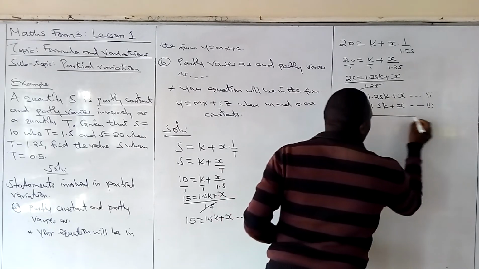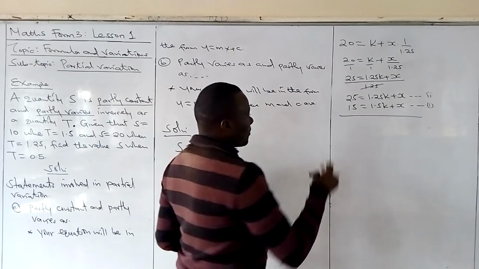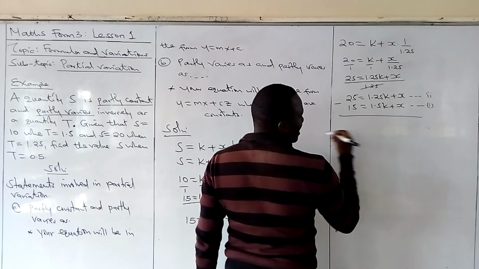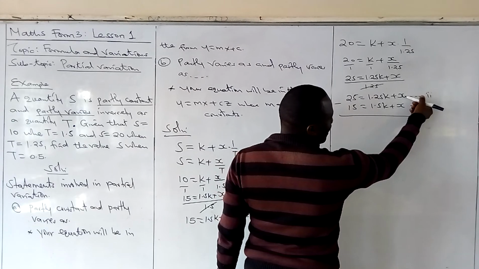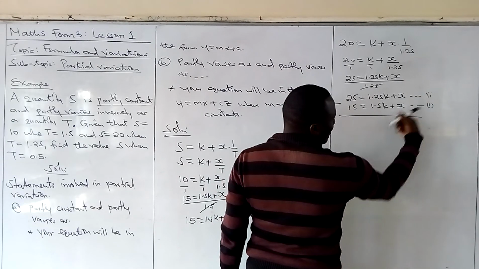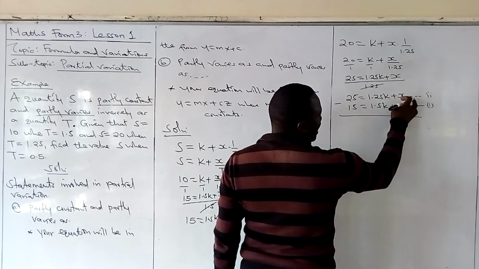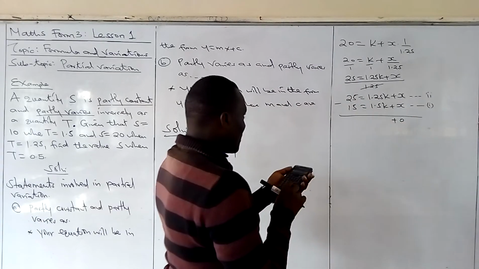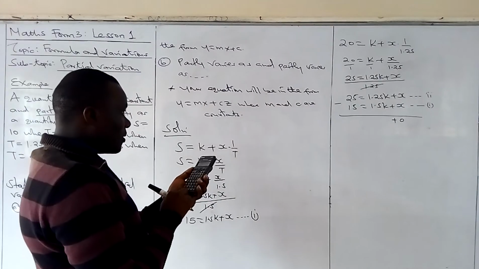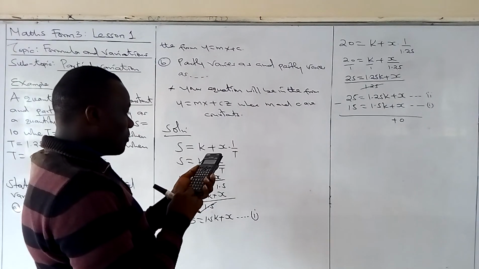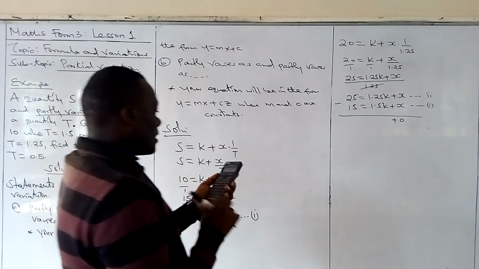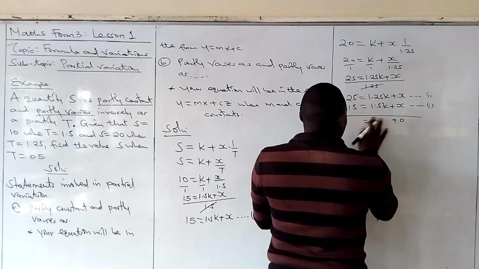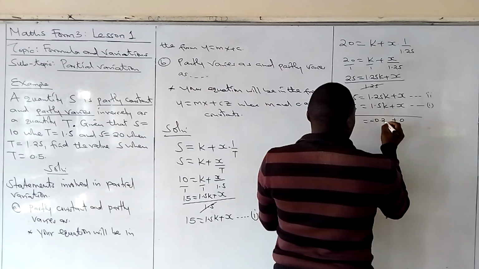We can now use the elimination method to solve these two linear equations. We can subtract, since the coefficient of x here is 1, and the coefficient of x down here is 1. So when we subtract, x minus x becomes 0. 1.25 minus 1.5 gives us minus 0.25k.